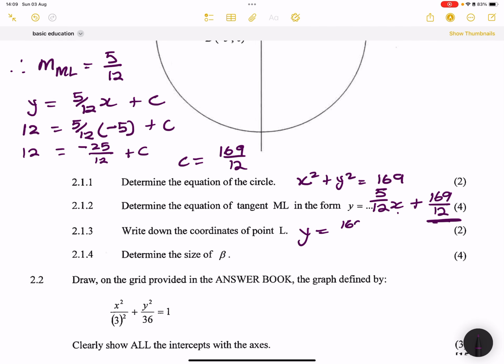Remember that the constant of the straight line, once we put it in standard form, gives us the y-intercept. So the coordinates of L would simply be, this is where x is 0 and y is 169 over 12. All right, so that's how the cookie crumbles.